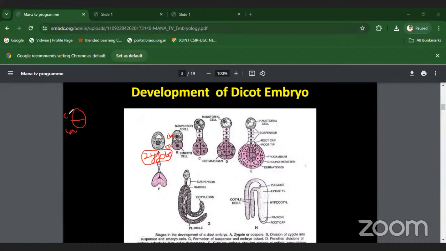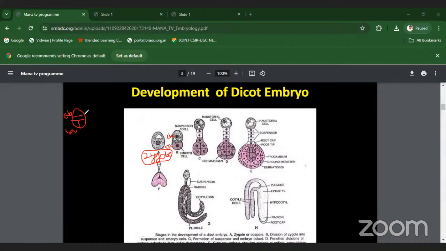After formation of the CA-CB two-celled stage, there is longitudinal division in the apical cell CA and transverse division in the basal cell, like this.